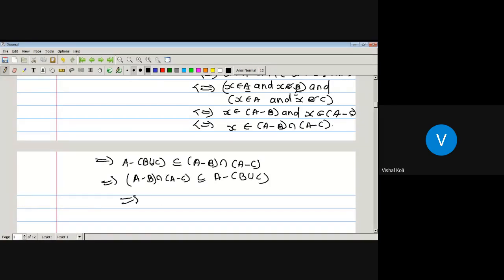Now, again from here we get A is a subset of B, B is a subset of A, which implies A minus (B union C) is nothing but (A minus B) intersection (A minus C), and that is what we have to prove. Here is the required result.